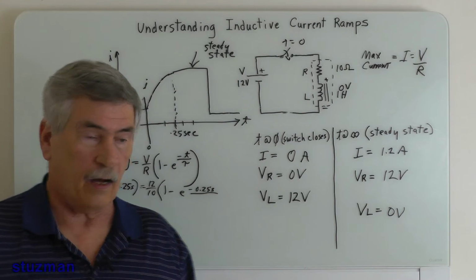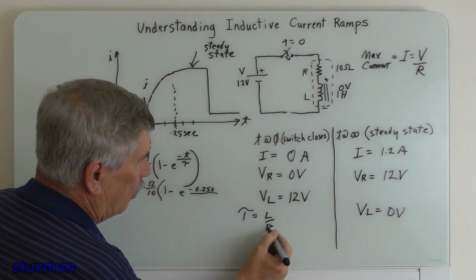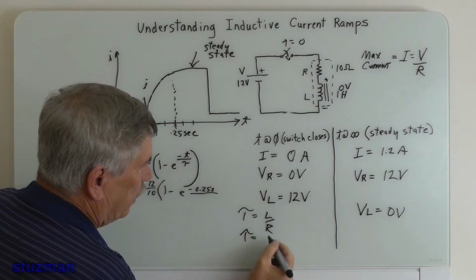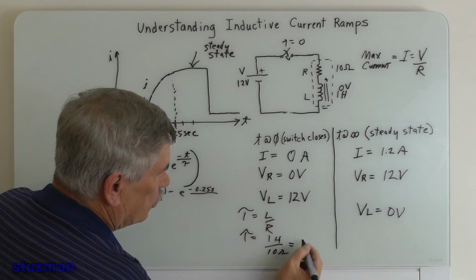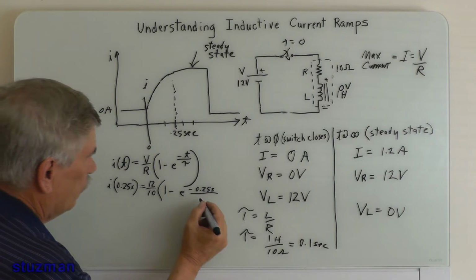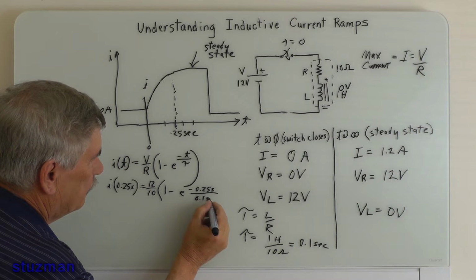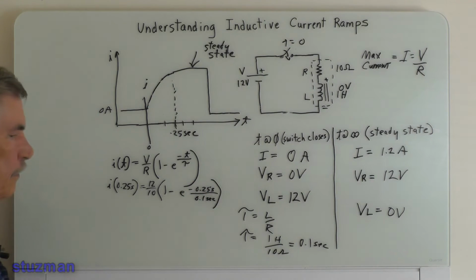And as you remember, tau was equal to L divided by R, which was 1 henry divided by 10 ohms, which is equal to 1/10 of a second. So we'll put that down in here, and then we will work that out.